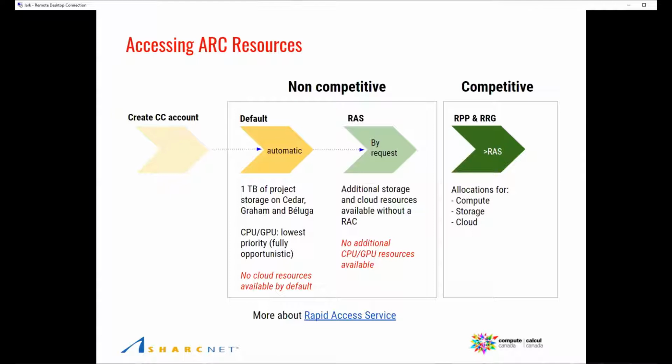When you have needs greater than what you can access through default or RAS, which are provided within the non-competitive pool, this is the program you need to apply to in order to get access. The allocations are typically for compute, storage, and the cloud.